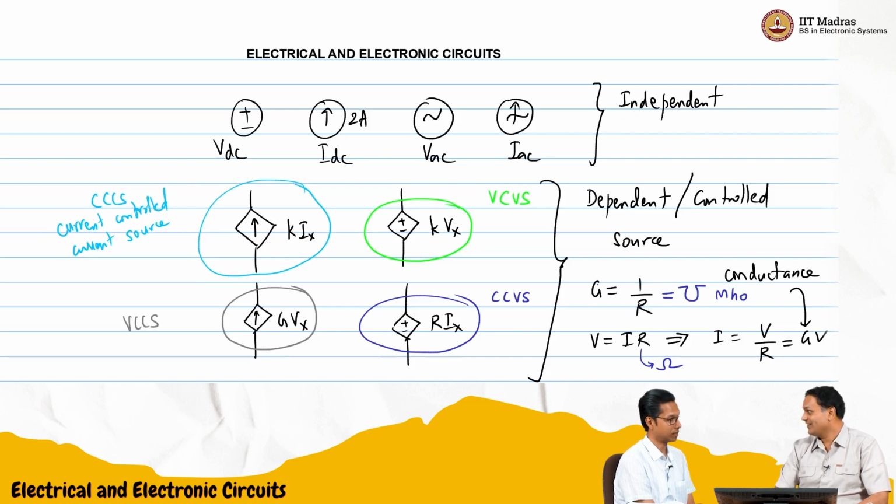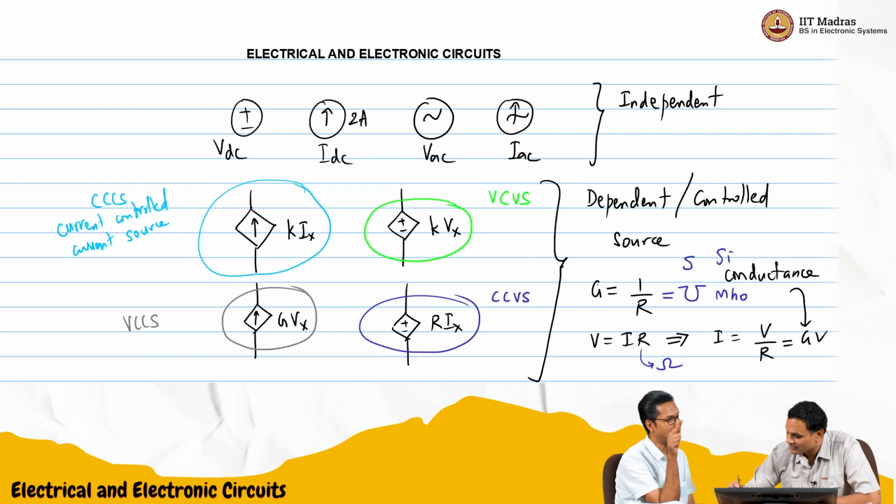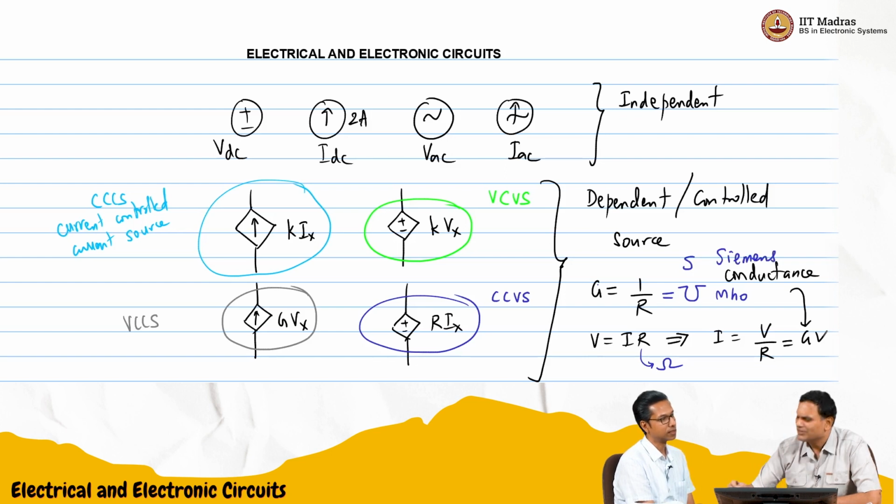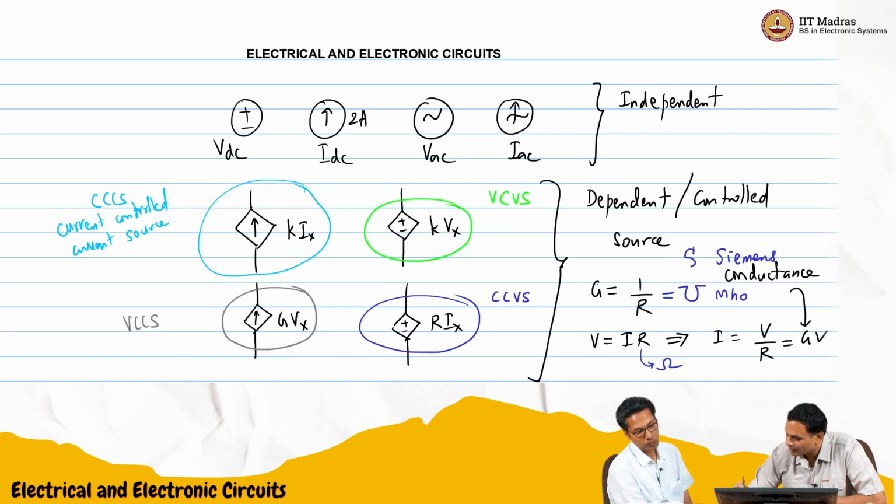So mho is what circuit theorists use, but technically you can also use S, the SI unit, which is Siemens. Capital S, because small s is seconds, time. So you have to not get confused. I'll write it big and show that this is capital S.